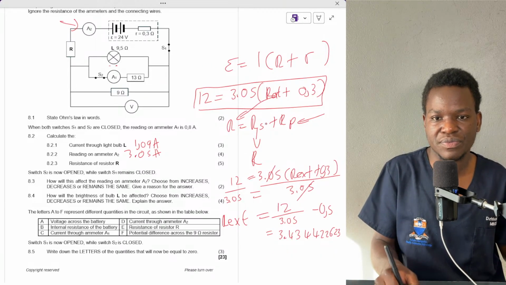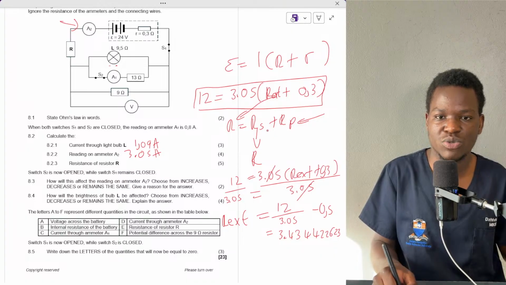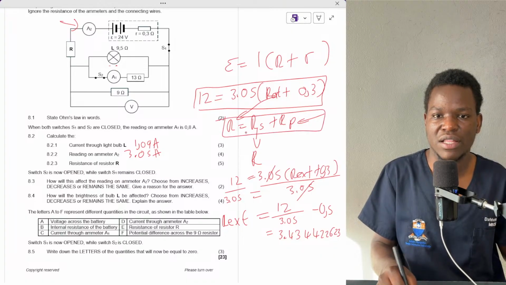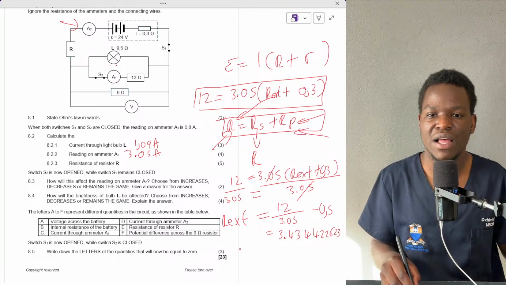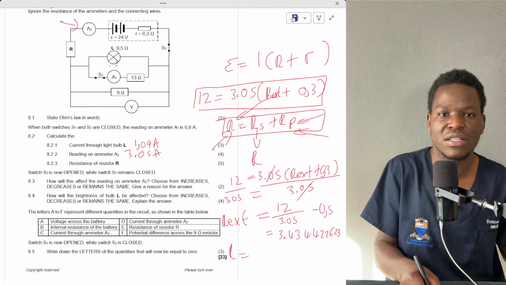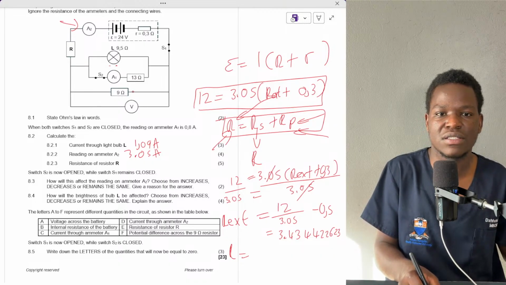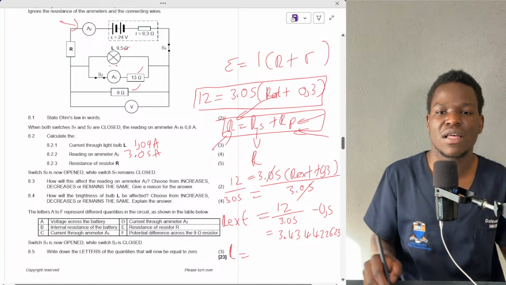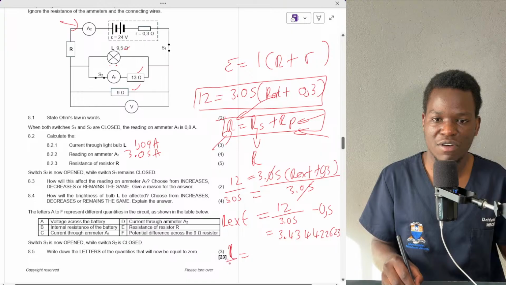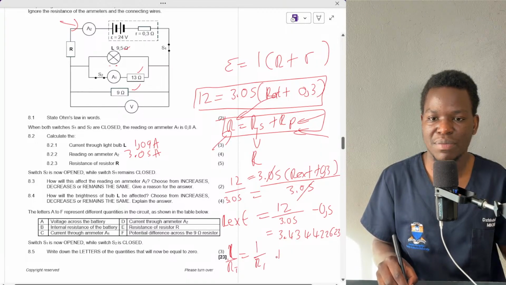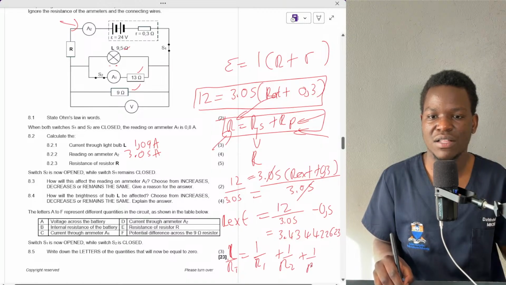So now when you continue, you come and substitute here. That is our this. But no, let's first find our R parallel. R parallel is just this, and this, and this. And then we say 1 over R total equals 1 over R1 plus 1 over R2 plus 1 over R3.